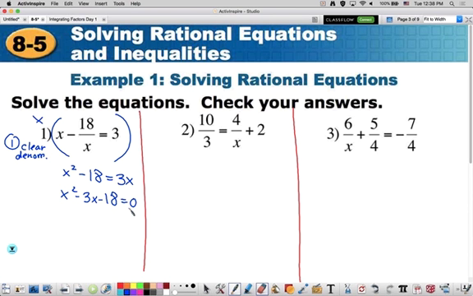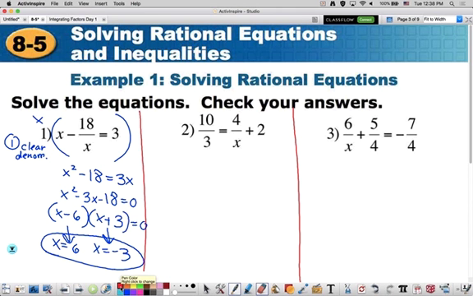Adds to negative 3, multiplies to negative 18. Negative 6, positive 3. This factors into x minus 6, x plus 3. And I have my two answers. X is equal to positive 6. X is equal to negative 3.